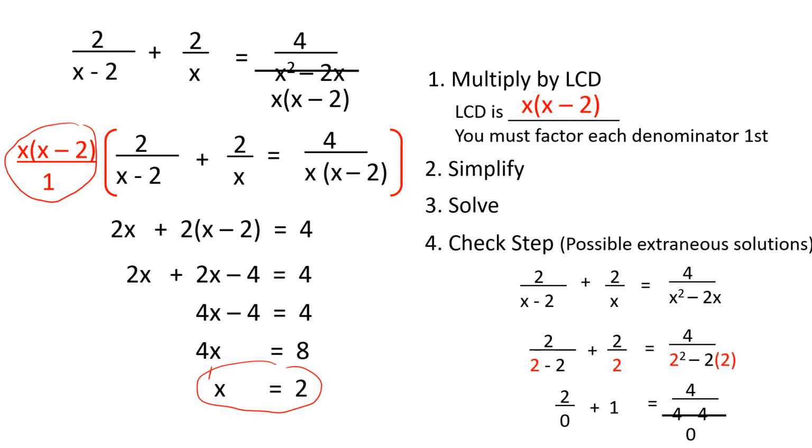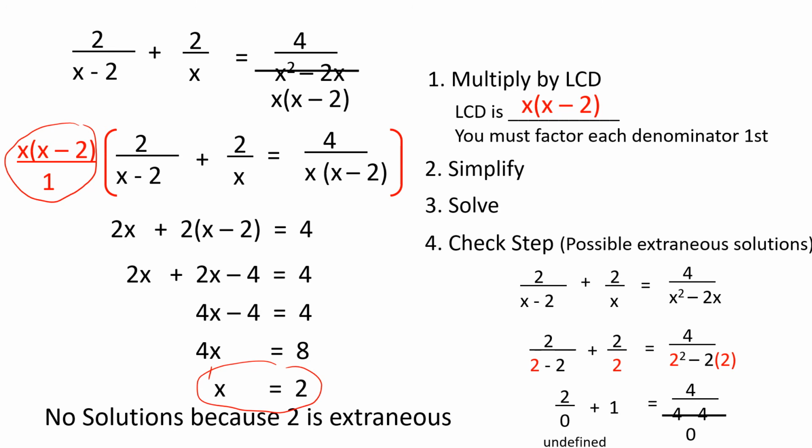Now, what do you notice here? Hopefully you're saying, wait a minute, you cannot have a 0 in the denominator because that is considered undefined. So you can't get a 0 like that in the denominator. That's when you stop and say, okay, the answer is no solution because 2 is extraneous.